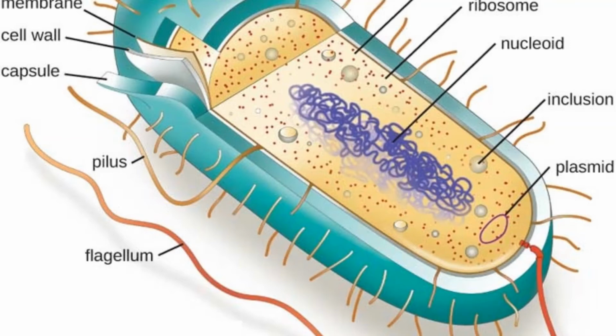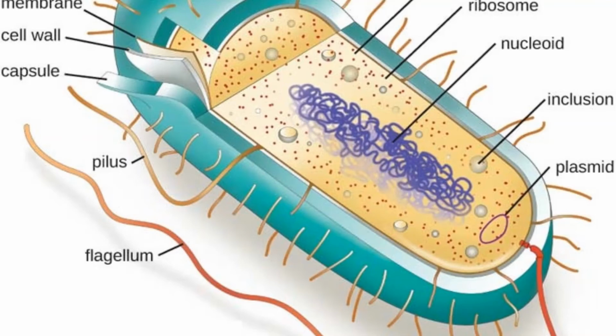There are not many threads, and that thread is called a chromosome, right? And here you will not see a boundary. You see the nucleus, around the nucleus there is no clear cut boundary, there is no double membrane, and in this way you can say this nucleus which is present in bacteria is not well developed or not well defined, right?